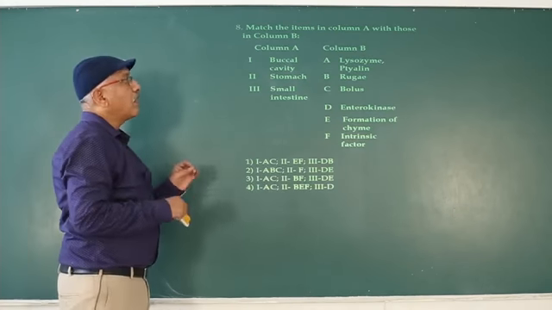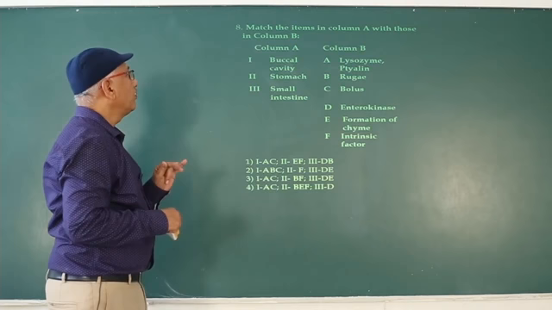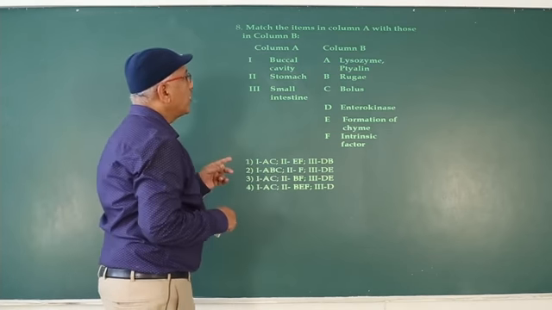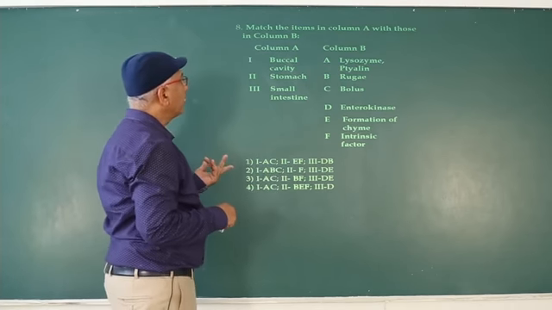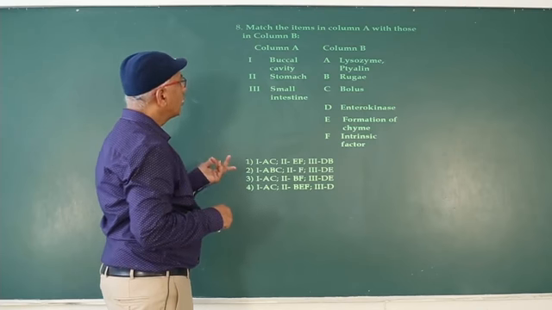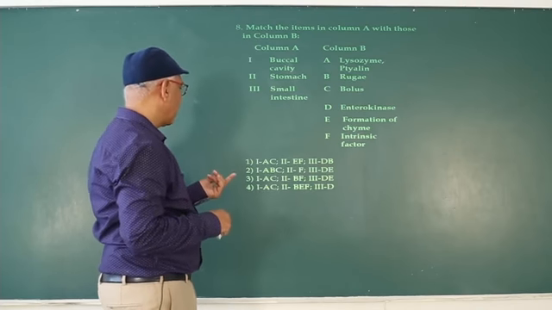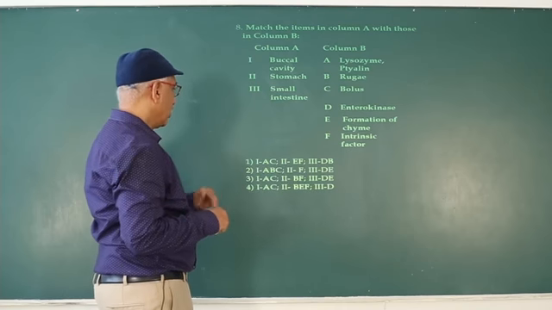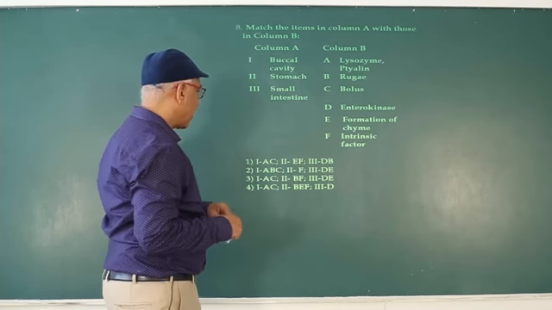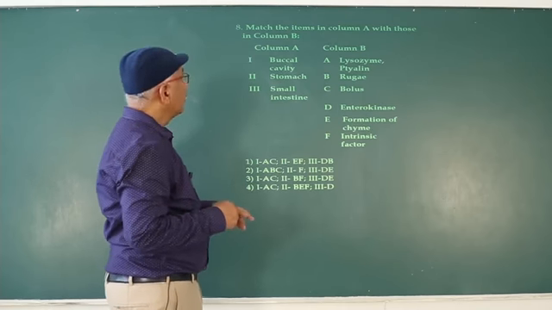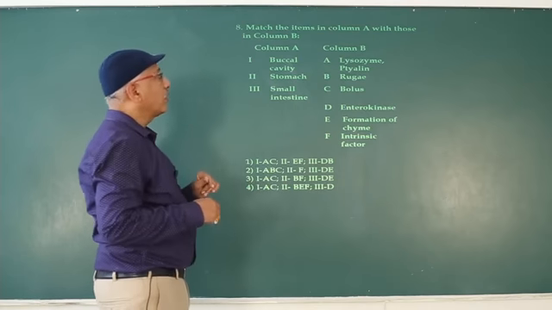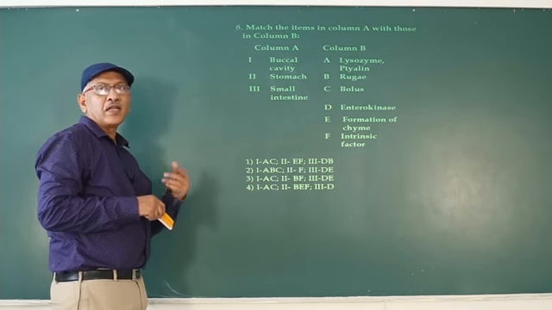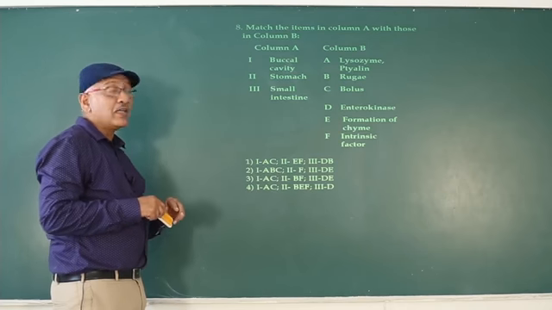Match the items in column A with those in column B. Buccal cavity: lysozyme, thylin, bolus. In the buccal cavity, bolus is formed. Here there is more than one option. Saliva contains lysozyme, and saliva contains thylin enzyme.